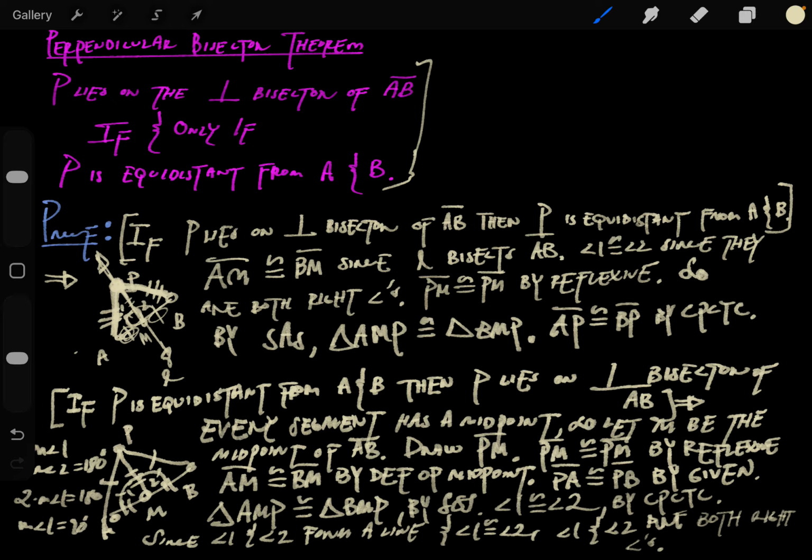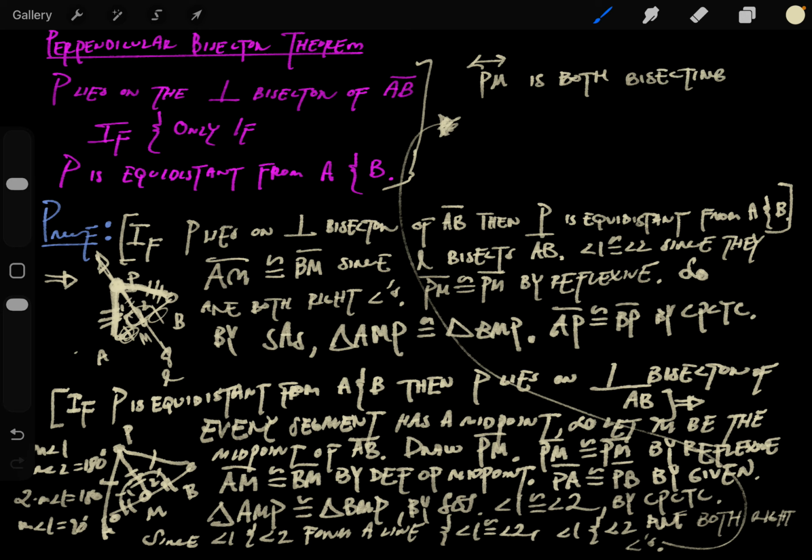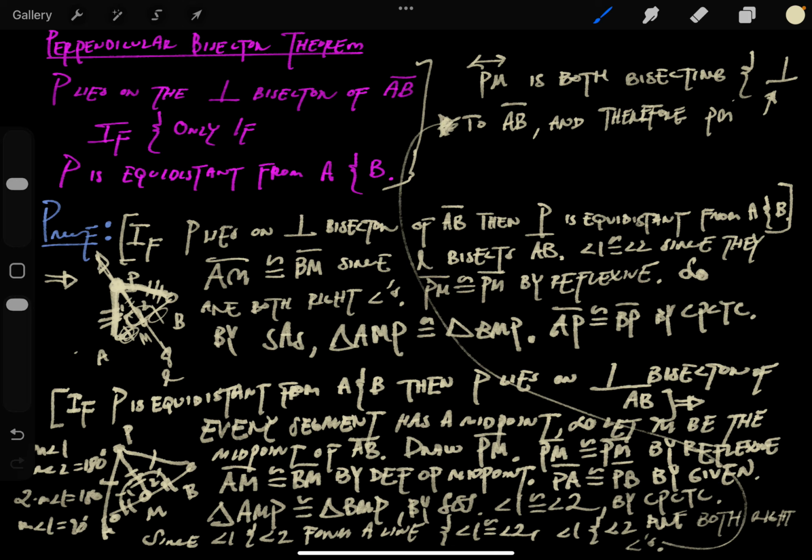Since they're both right angles, we can say that PM is both bisecting and perpendicular to AB, and therefore PM is the perpendicular bisector of AB.